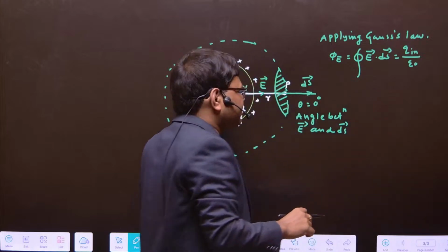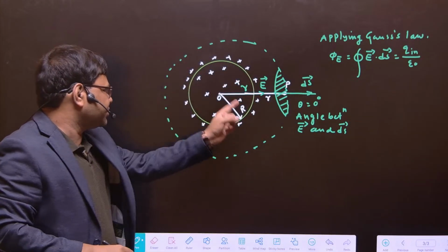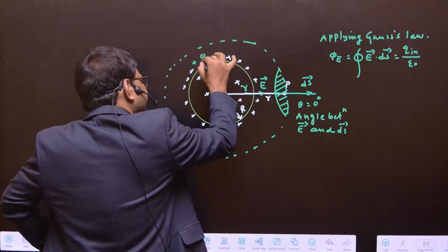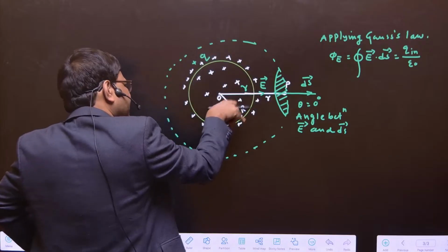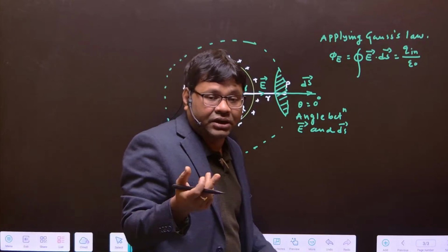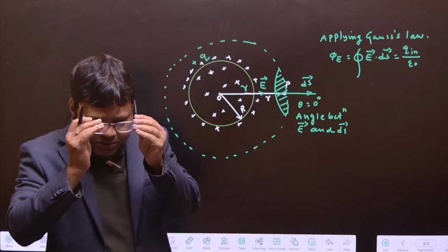Q in means charge enclosed by the Gaussian surface. For the solid sphere, the total charge I had assumed was Q. Am I clear? Any problem to understand, students?